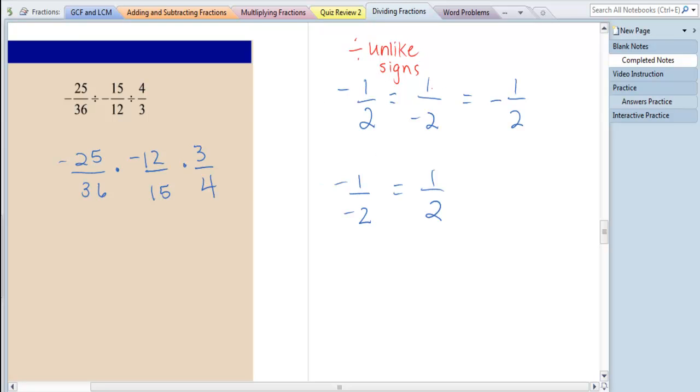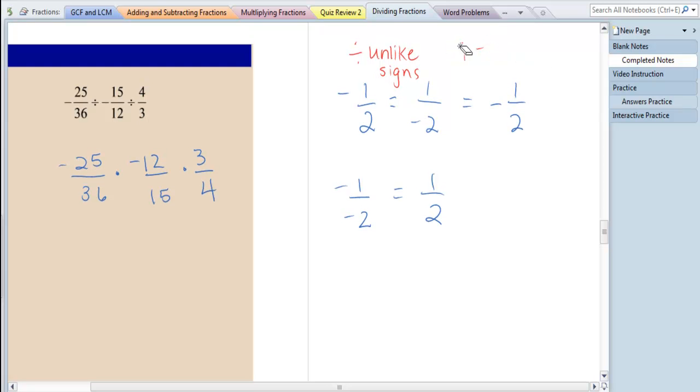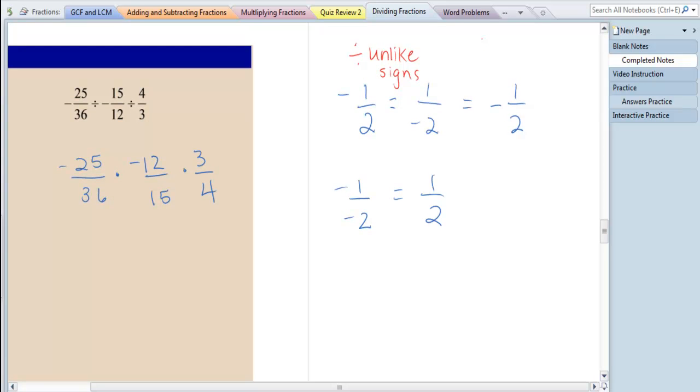Same thing with 1 over -2. That's really 1 divided by -2, which gives you a negative value since they're different signs. And of course, negative outside of the entire thing is like having parentheses, letting you know the opposite of 1/2, which is -1/2. And again, if we have a negative in the top and bottom, that's like dividing with like signs, with the same signs.